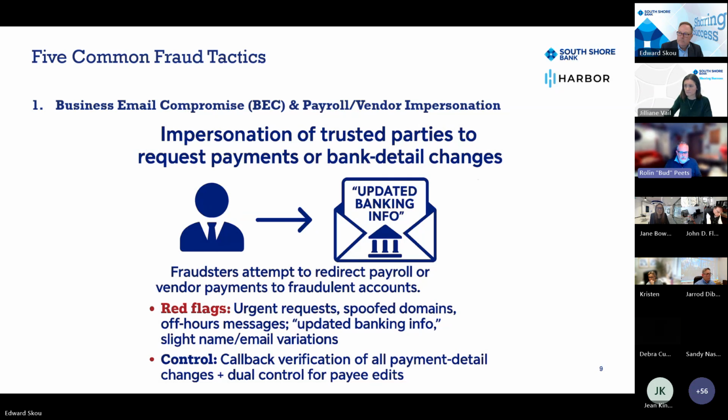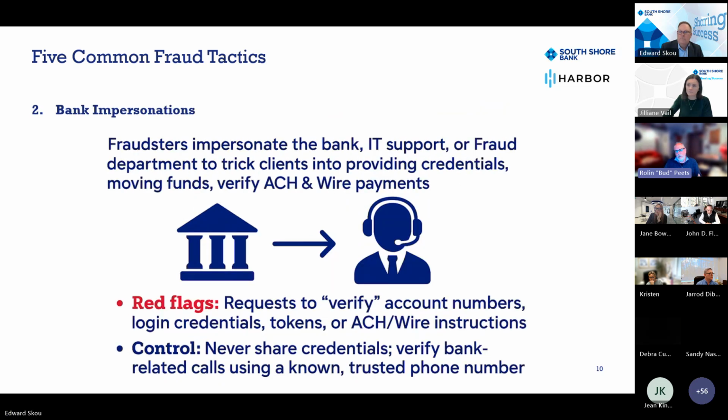So have a process on the back end, and you may already have this, to validate any request for change, whether it's for accounts payable or accounts receivable, and more importantly, for your employees, an employee payroll change. Call the person back at a known number, validate the change, and have multiple controls in place that require two people to process a request. So there's a theme here, and you're going to see it emerge as we go forward.